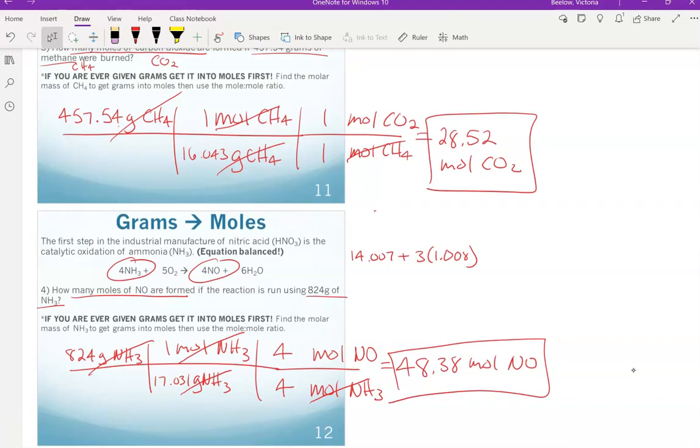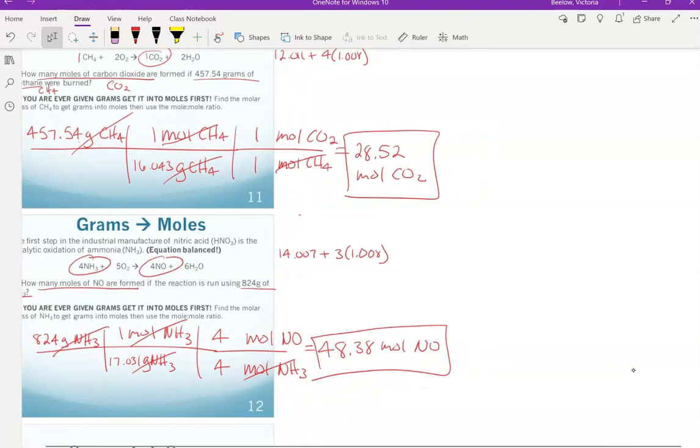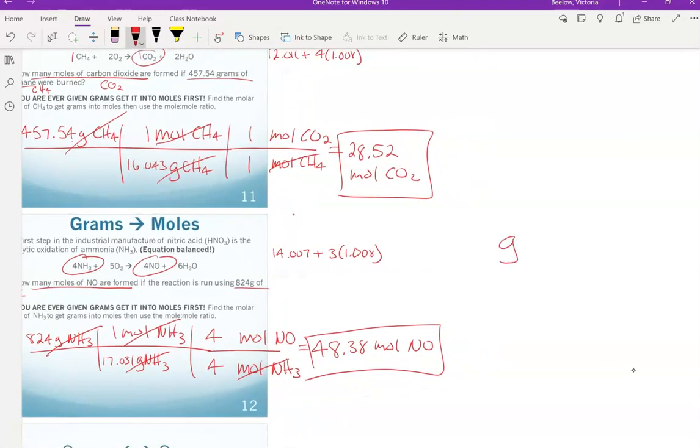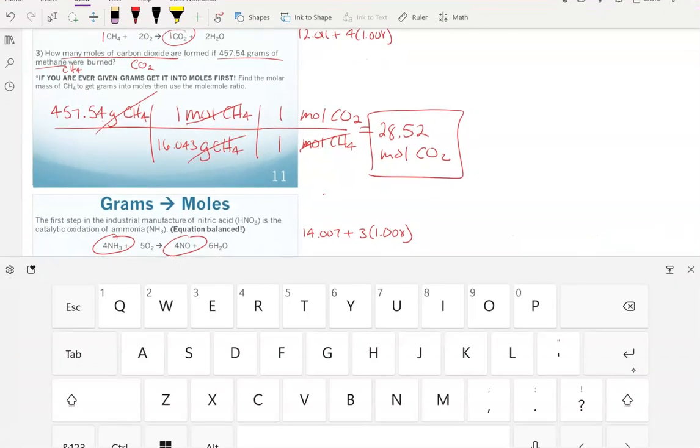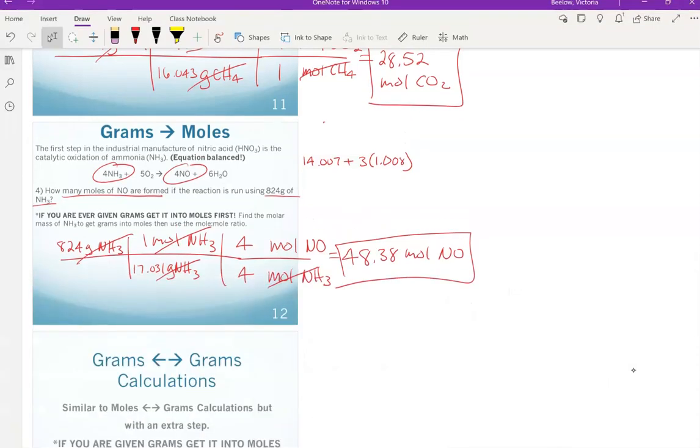So don't try to memorize how to do these problems. Just remember, if you're starting with grams, get it into moles first by using molar mass. Then you can convert into moles of the other substance. And if you're starting with moles first, get that into moles of the substance you want using the equation, and then you can convert into grams by using molar mass, okay? So as long as you remember those things, you can do any type of picket fence with these types of problems.